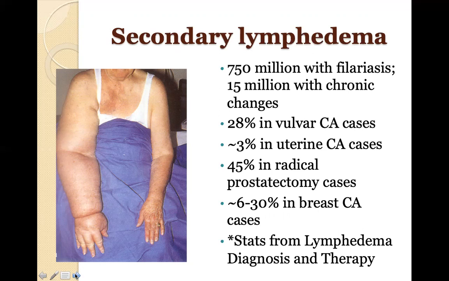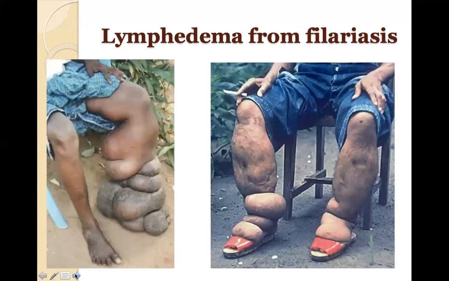I will address the top one, 750 million with filariasis and 15 million with chronic changes. Filariasis looks like this. Filariasis is basically a disease which is carried by a mosquito.